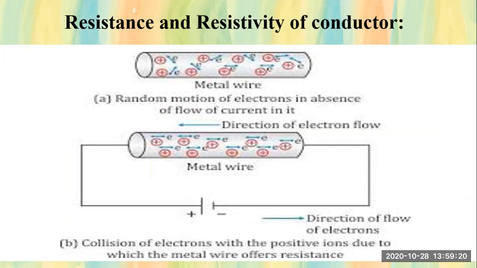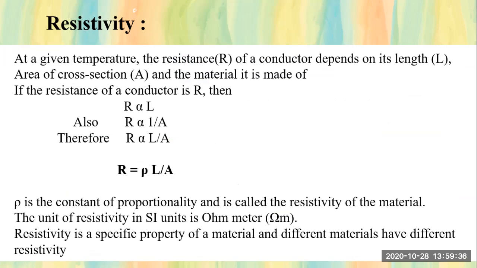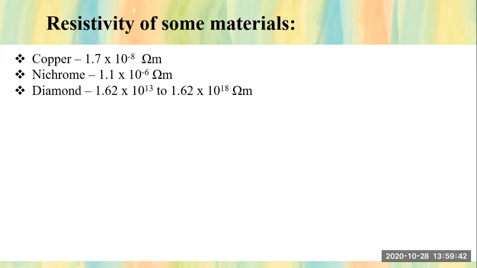Then we learned about the diagram of electrons in random motion and how it sets up when batteries are connected and potential difference is applied. Then we learned about resistivity, how its unit, Ohm meter, can be calculated, and the materials having different values of resistivity.